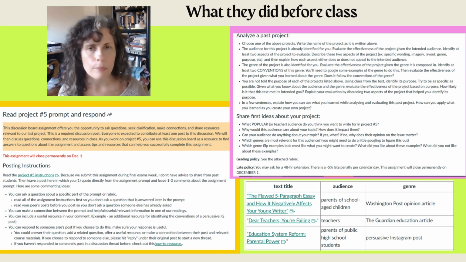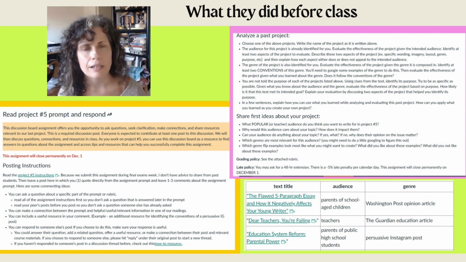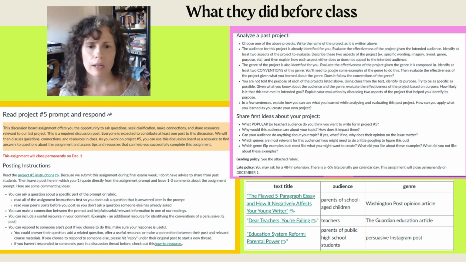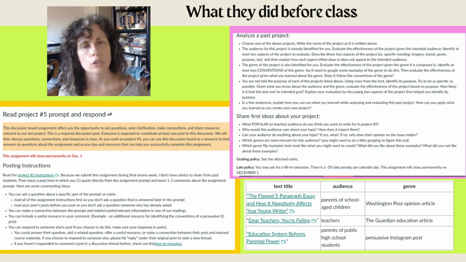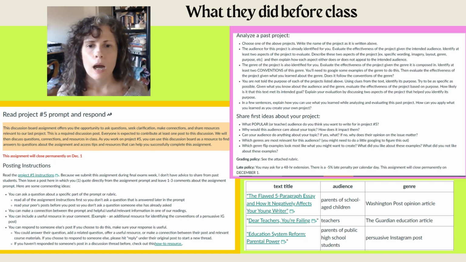So I ask them also to look for clues about conventions particular to that genre. How did the content creator use what they know of the genre to make informed choices, right? So they're practicing, again, identifying really specific parts of the text and parts of the rhetorical situation for that text: audience, purpose, genre, things like that.